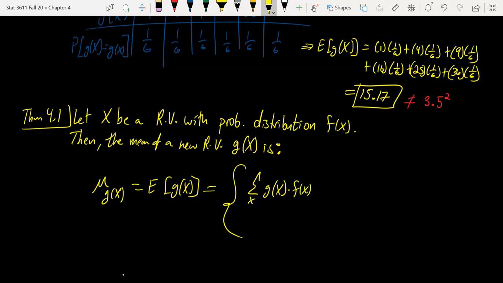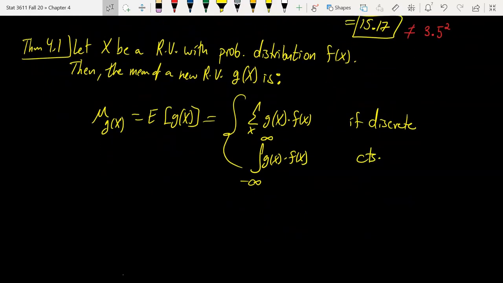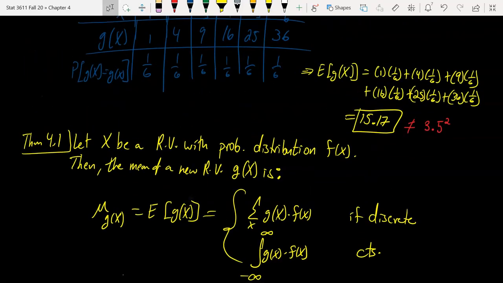sum over all values if discrete. In the continuous case, it's the same idea, but we just integrate. If continuous, okay? This definition is maybe more important for the continuous case because you're not really able to make a table of values like you are in the discrete case, where I can list out what values the random variable g of x can take, and then I'm just doing 1 times a 6th, 4 times a 6th, 9 times a 6th, right?